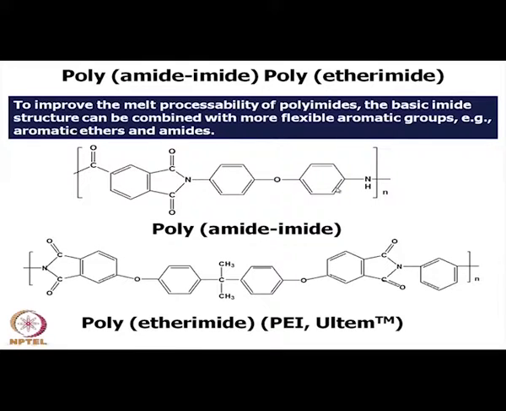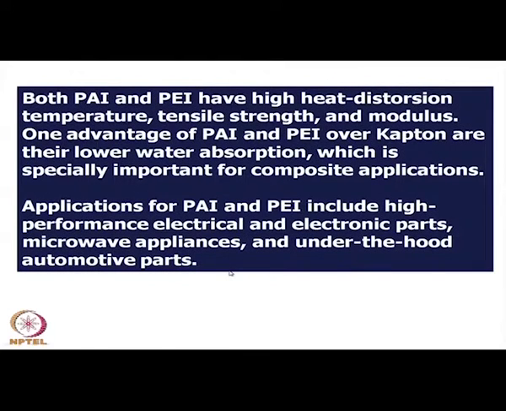Those can be developed by selecting a suitable combination of reactants and functional groups along the backbone chains: aliphatic, aromatic, ether linkage, imide linkage, amide linkage, or substituted with fluorine atoms.